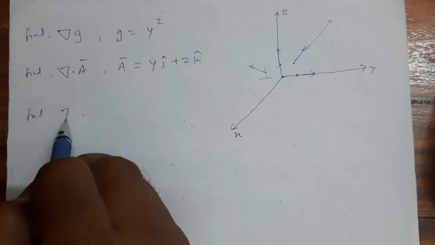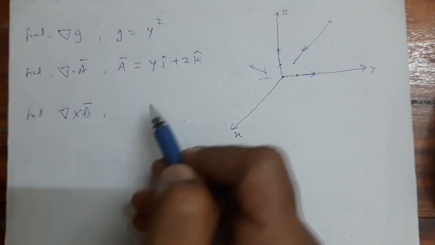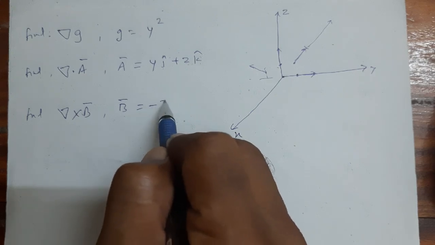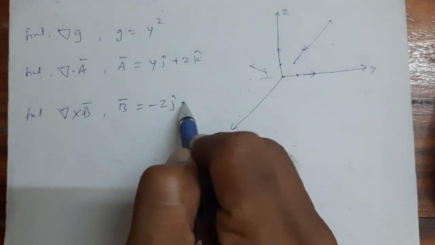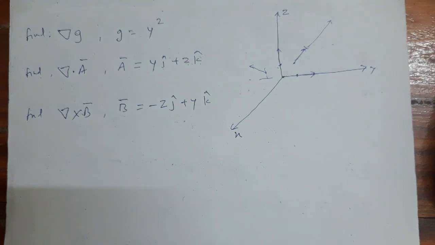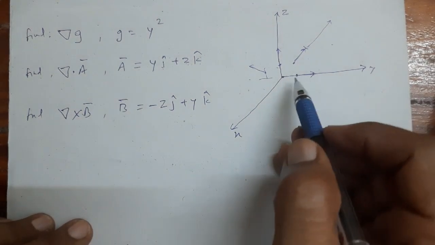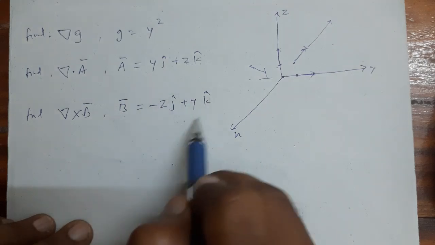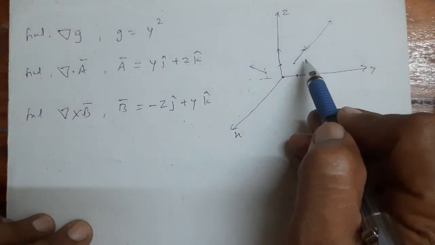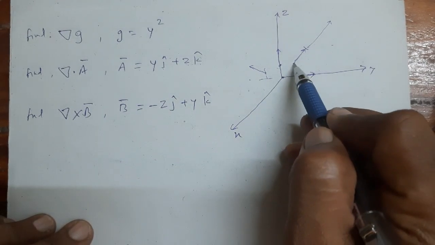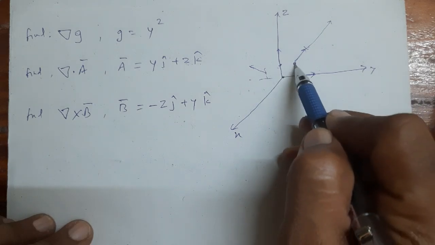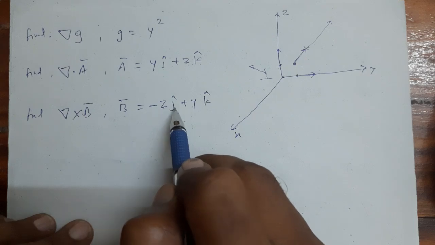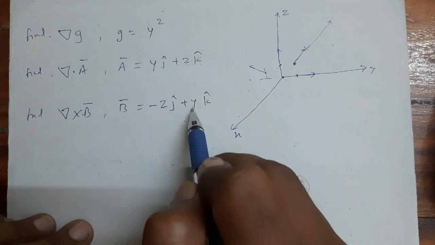Similarly, find the value of curl of B bar, correct? Curl of B bar with B bar to be equal to minus z j cap plus y k cap. And again in the third diagram, Cartesian coordinate system, you will have to plot this, correct? How? In the same figure, if I will have to plot this, then I can say that for this particular point, that is 0, 1, 1, it is minus 1 j cap and it is 1 k cap, correct?